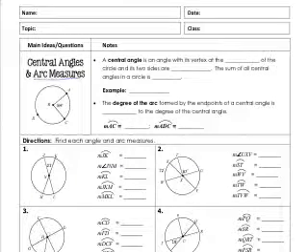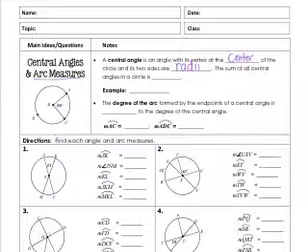A central angle is an angle with its vertex at the center, and its two sides are radii. And what that means is radii is just the plural of radius, so both of the segments are part of the radius.